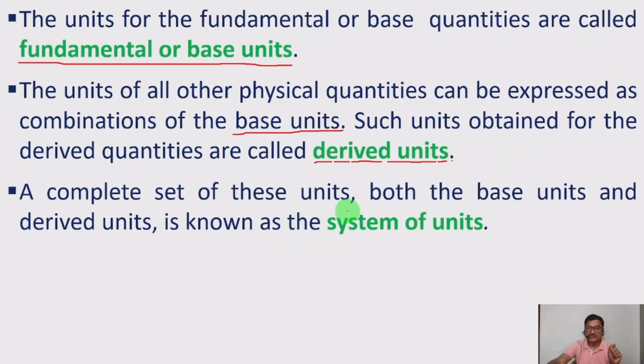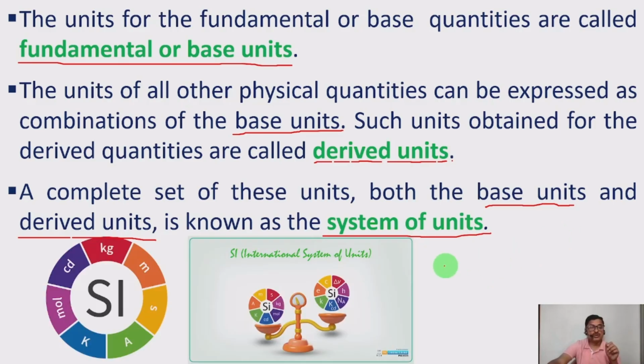A complete set of these units, both base units and derived units, is known as a system of units. The system of units includes both base units as well as derived units, all together as a group. There are a number of systems of units: basically three were used earlier, and presently one system of units is internationally accepted.